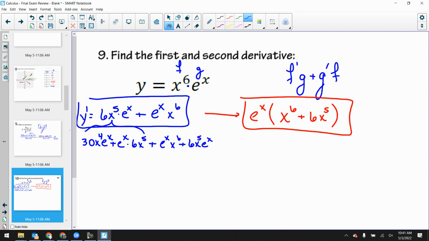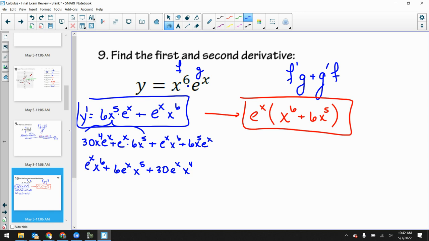And then I'm just going to reorder this so that this is all in order. I'll keep the e to the x's on the left side too. So e to the x, x to the 6th, that's our first term here. And then x to the 5th, plus, we'll go 6 e to the x, x to the 5th. Next term would be x to the 4th, so this would be a plus 30 e to the x, x to the 4th.